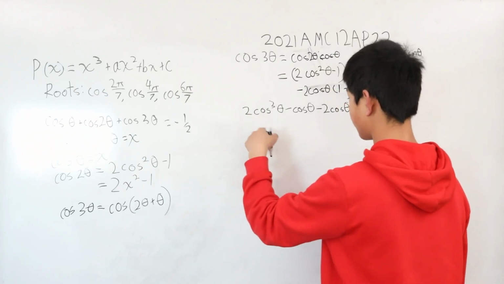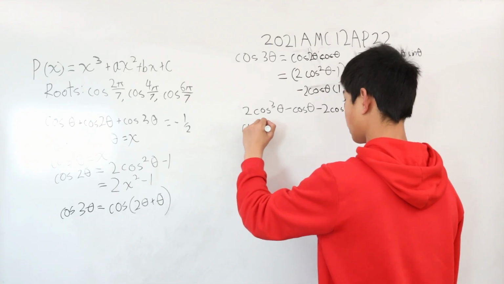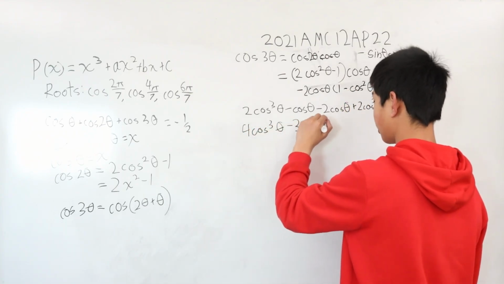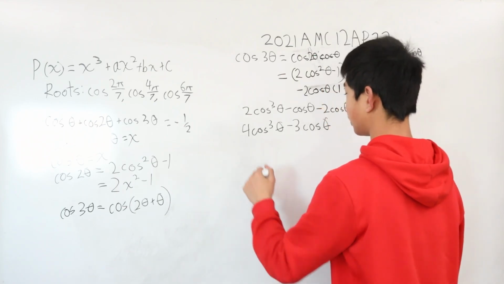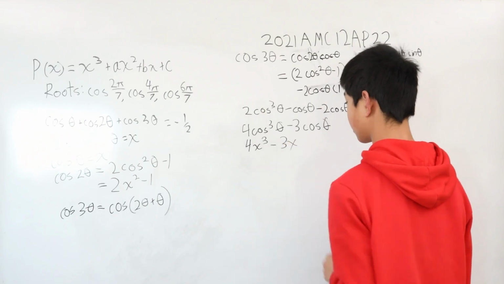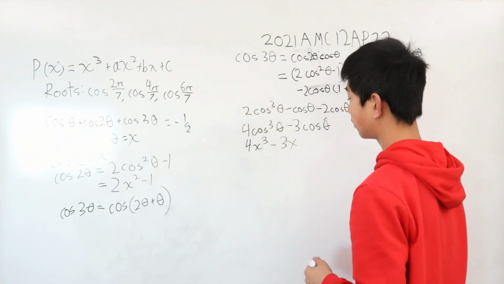This becomes 4 cosine cubed theta minus 3 cosine theta, or simply 4x cubed minus 3x, which is equal to cosine 3 theta.